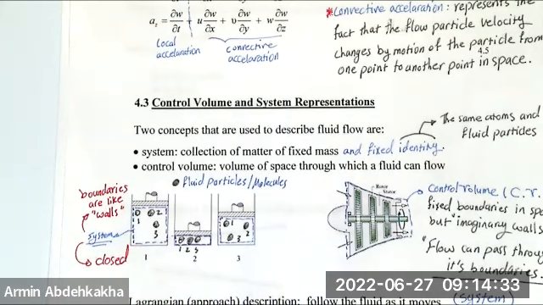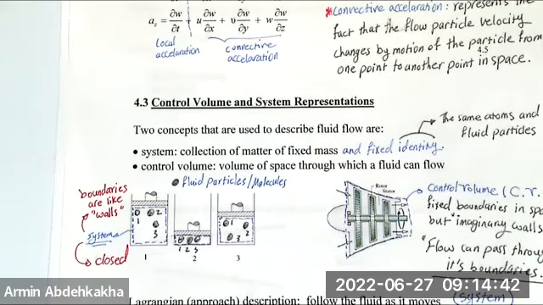Mass is related to the amount of fluid particles, because the fluid particles give you the number of molecules, each of which is a pack of molecules. You count those molecules, sum up their mass, and then you will have the mass of your system, right? Since that's fixed, you don't care about the mass. Mass is going to be a constant.